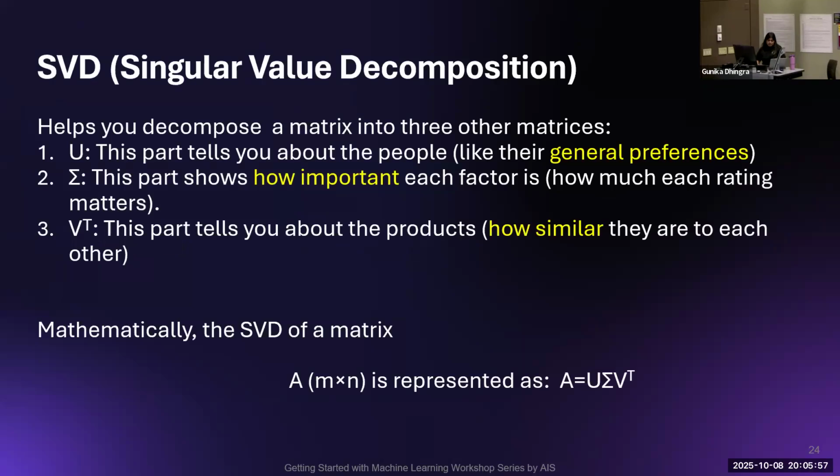So first of all, let's understand what SVD is. It is basically a fundamental matrix factorization technique, which decomposes any matrix into three distinct matrices. And it becomes more meaningful because it has one part that tells you about the general preferences, one part about how important the features are, and the other about how similar the features are.